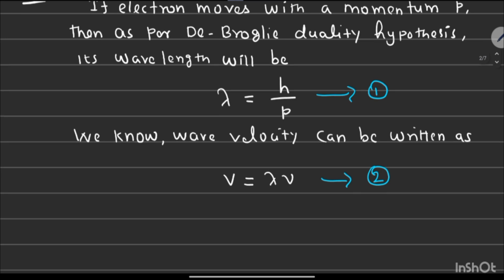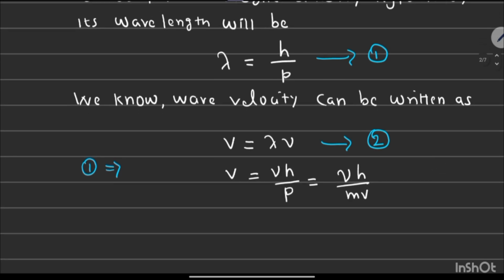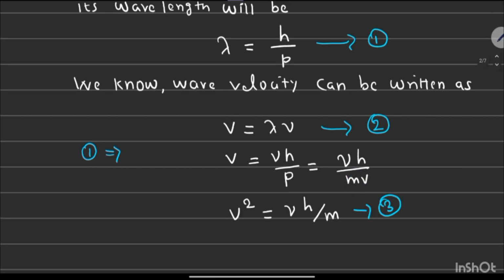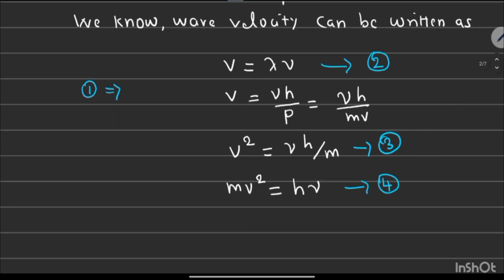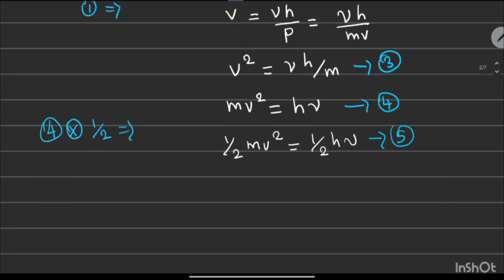Substituting lambda from equation 1 into equation 2, one will get the velocity as nu times h by p, and p is nothing but mv, the momentum. Taking the mv to this side of the equation, one will get mv squared as h nu. Multiplying this equation by half, one will get half mv squared as half h nu.